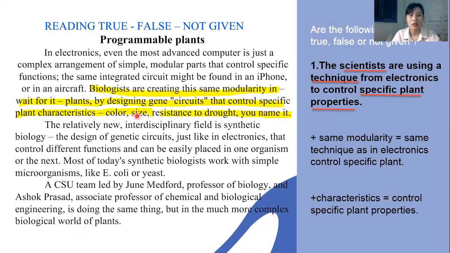Characteristics like color and size control specific plant properties. So you have to match the first statement with the first paragraph. What do you think about question number one: True, False, or Not Given?